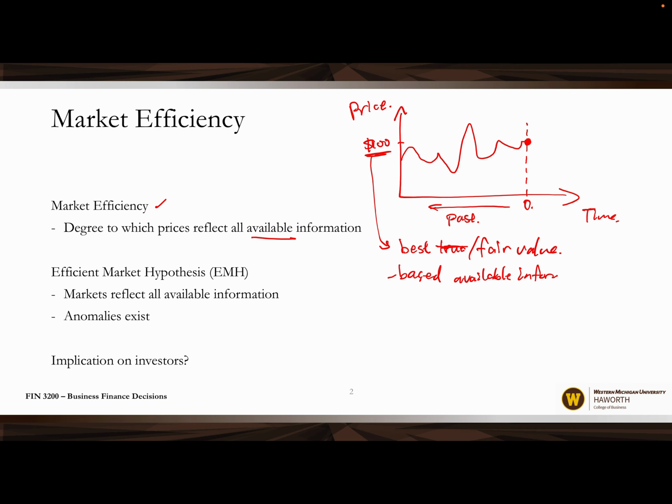That is, let's say we're trying to price the stock of Tesla. Available information means, how is the future of electric vehicles? Will there be a lot of demand?